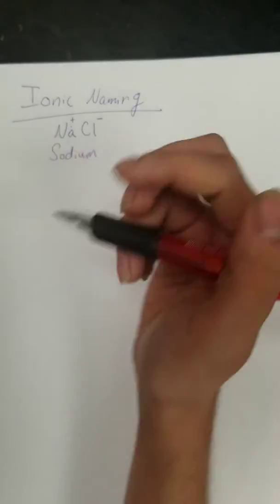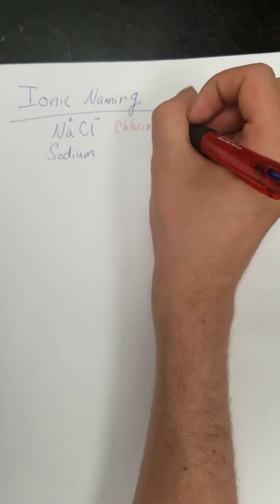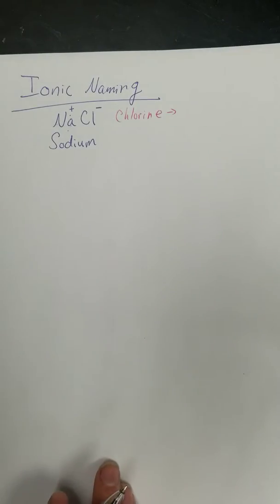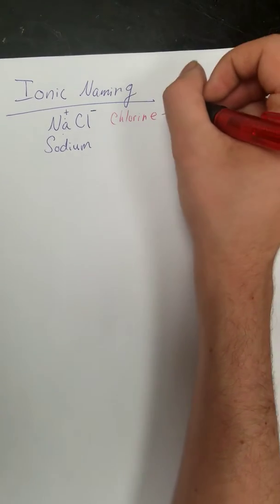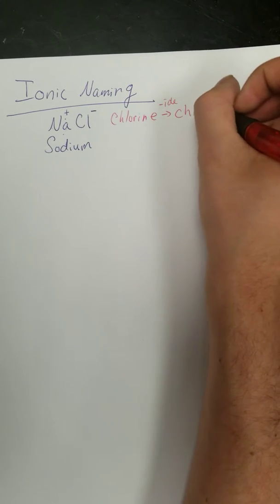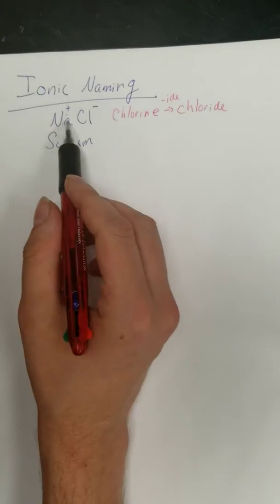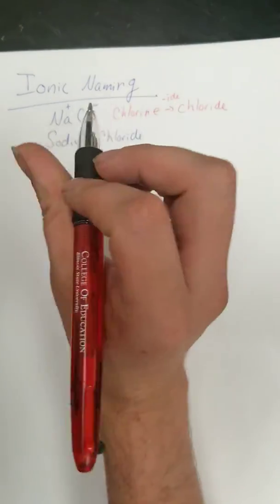However, with chlorine, you're going to drop the ending and change it to be IDE. So you're going to end up with chloride. So our compound NaCl is going to be sodium chloride.